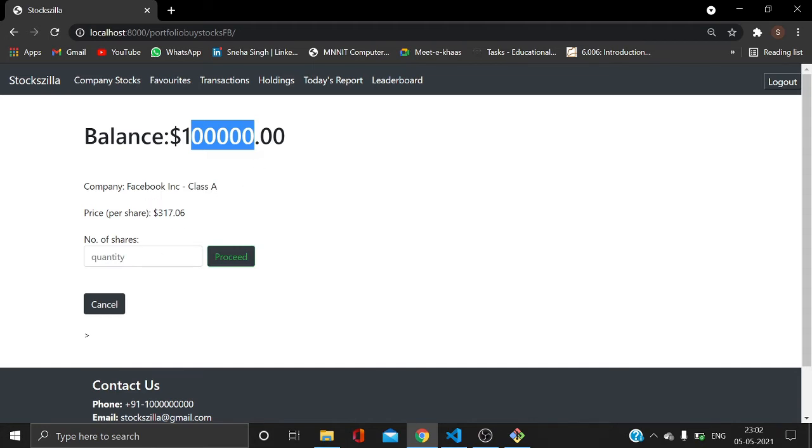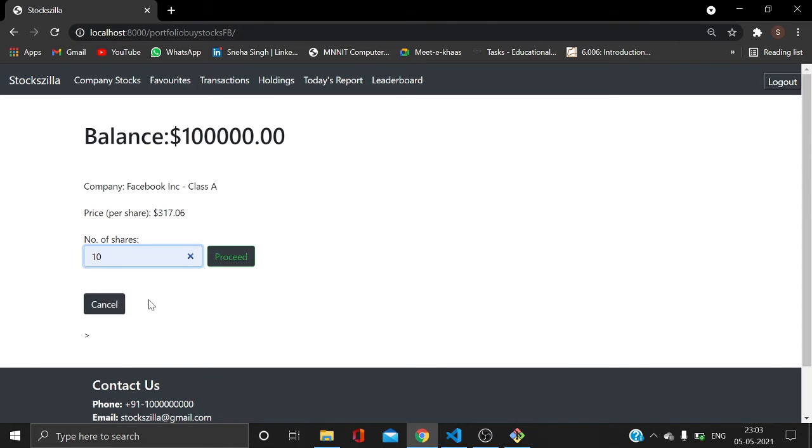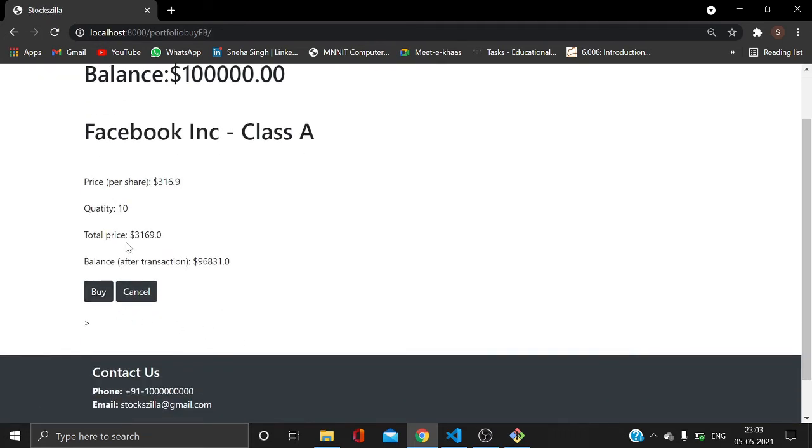Here you can see that the company name is given and the price per share is also given according to the latest updates. So here we can enter the number of shares which we want to buy. Suppose we want to buy 10 stocks. We can proceed. And it will also give us the total price and the balance after transaction.